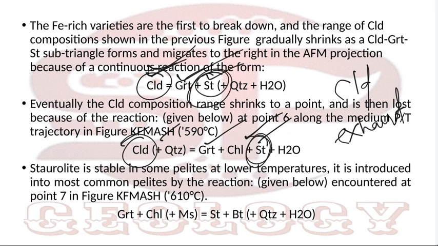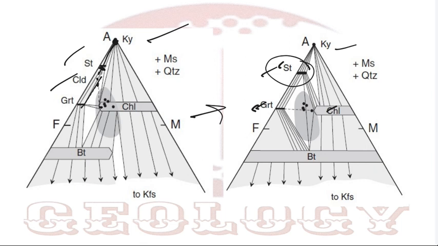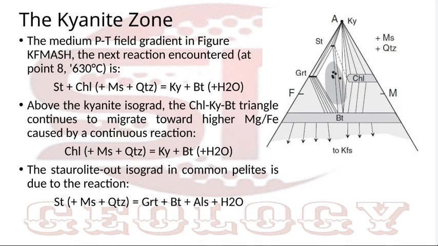Okay. So in the next, it is the kyanite zone. Kyanite is formed at 630 degrees Celsius in the Barrovian sequence.